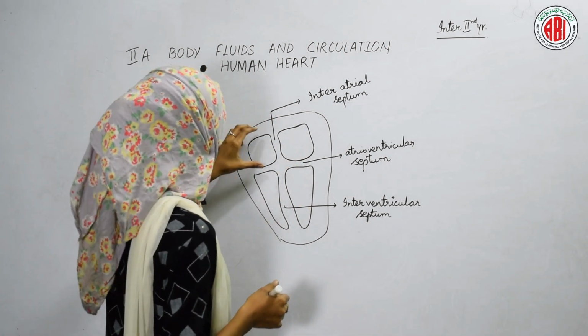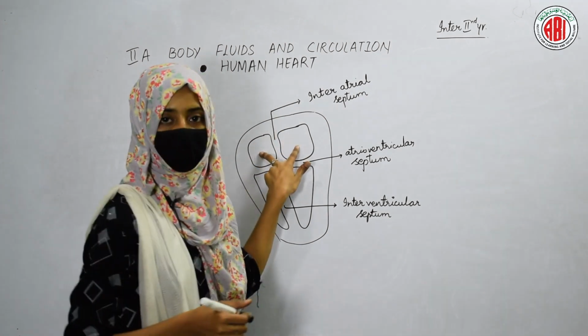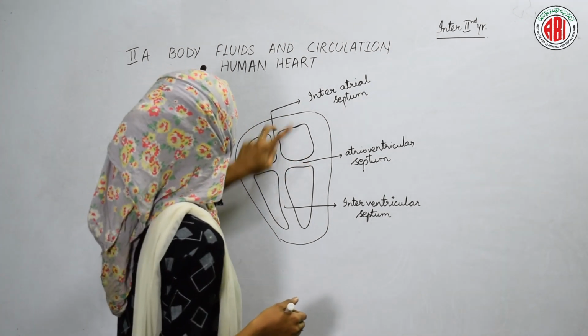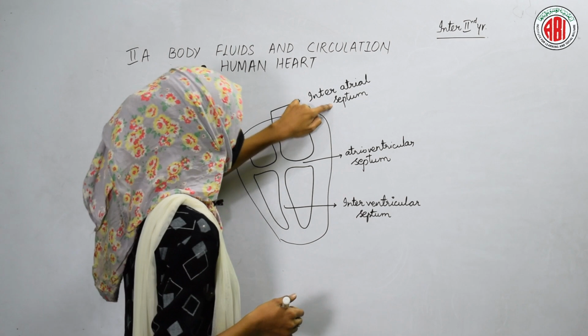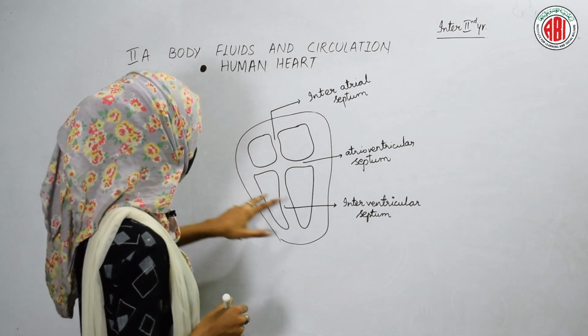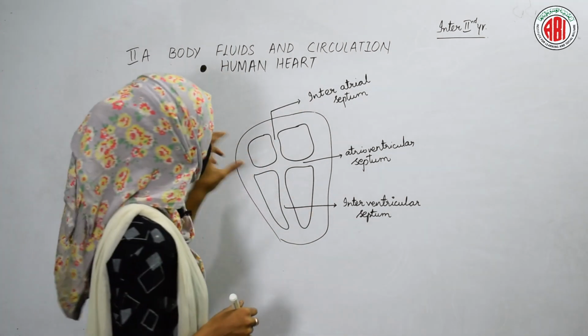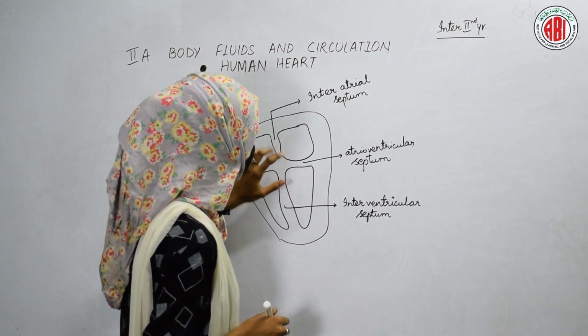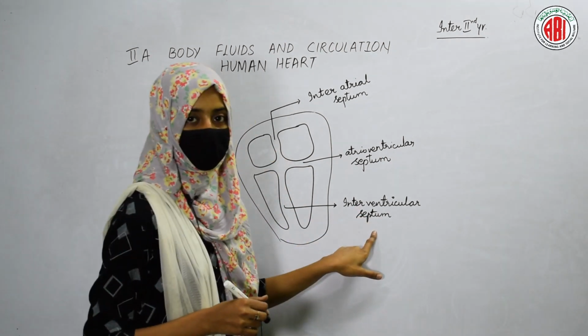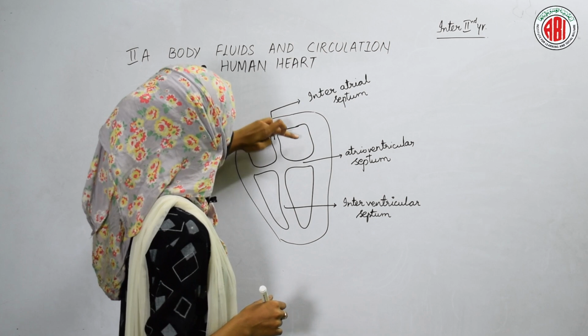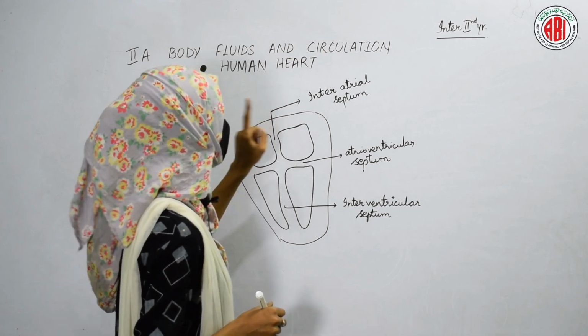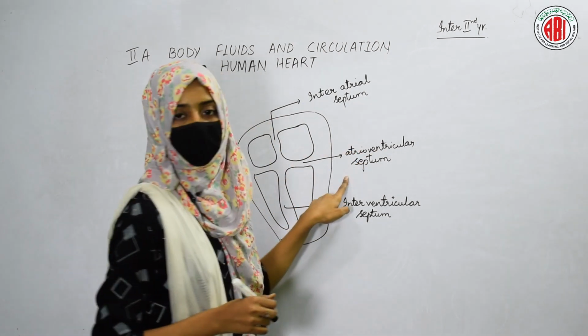The septum present in between the 2 atria is called the interatrial septum, and the septum found in between the 2 ventricles is termed the interventricular septum, and the space between an atrium and ventricle is termed the atrioventricular septum.